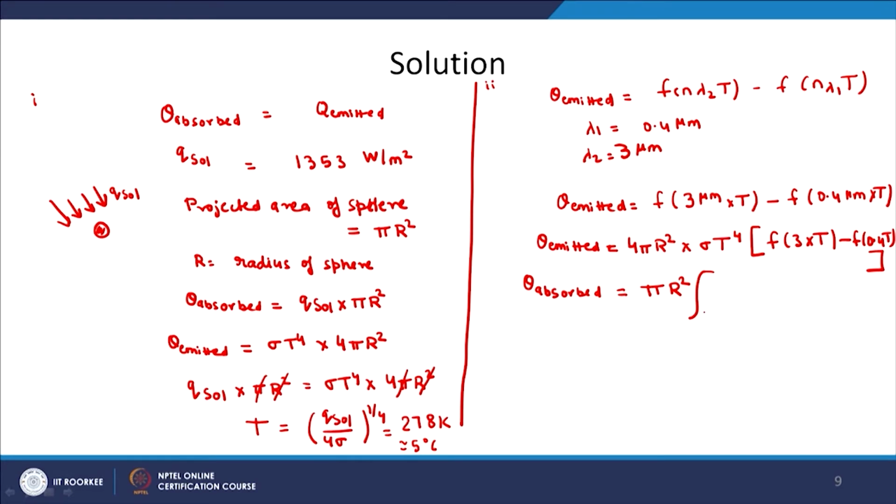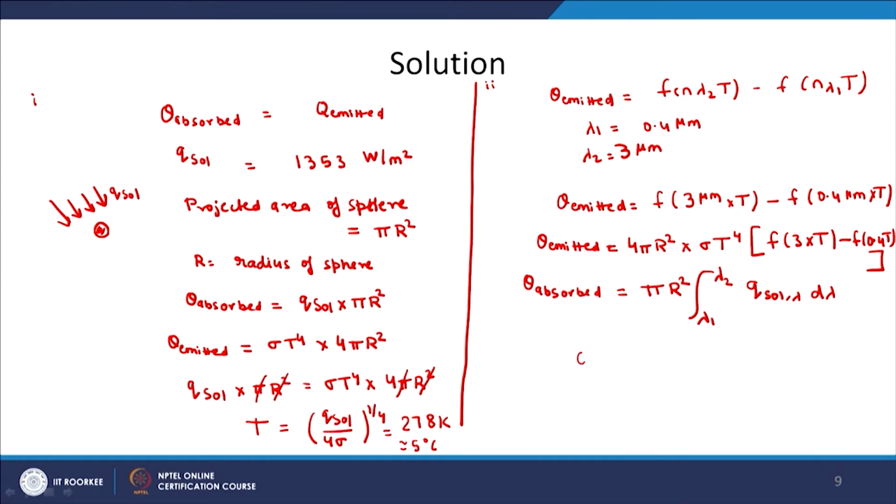and then we multiply it from lambda 1 to lambda 2, q solar. Now, we have to take the solar spectrum, lambda, and then we have to multiply by d lambda.